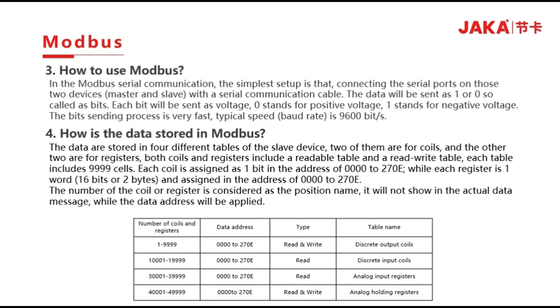Each coil is assigned as 1 bit in the address of 0000 to 270E, while each register is 1 word, 16 bits or 2 bytes, and assigned in the address of 0000 to 270E. The number of the coil or register is considered as the position name. It will not be shown in the actual data message, while the data address will be applied.